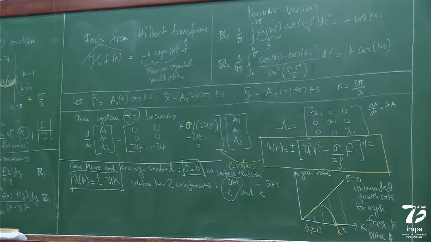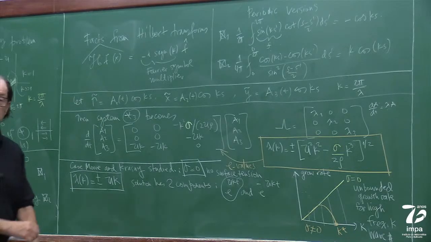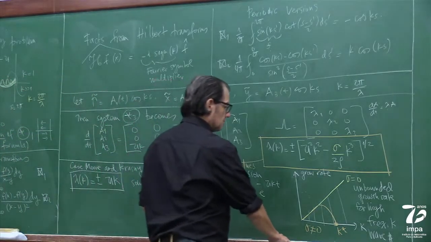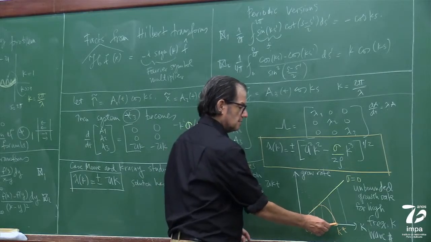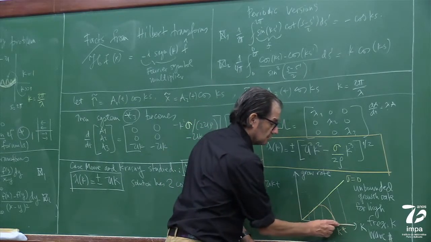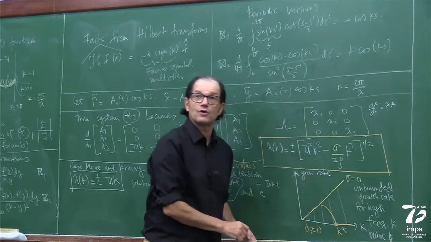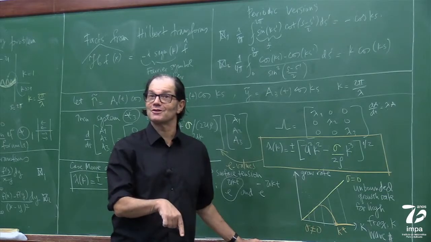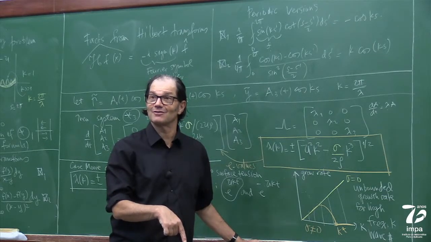Okay? So this says that beyond this point, the growth rate is 0, because the real part of the eigenvalue is 0.